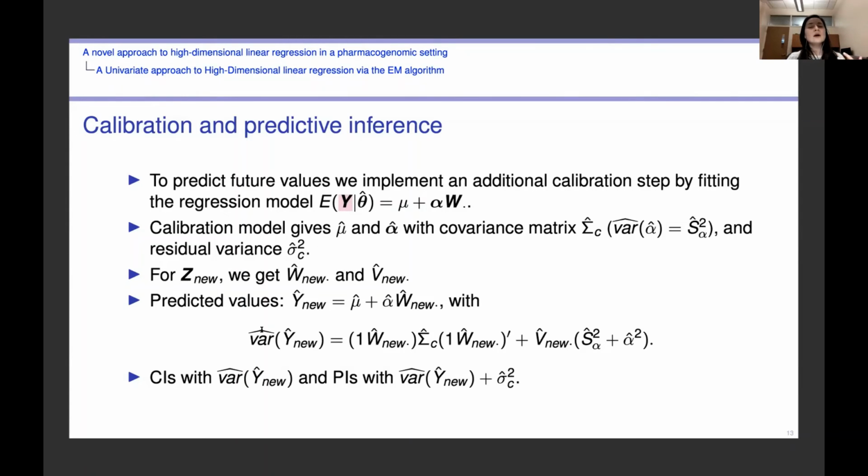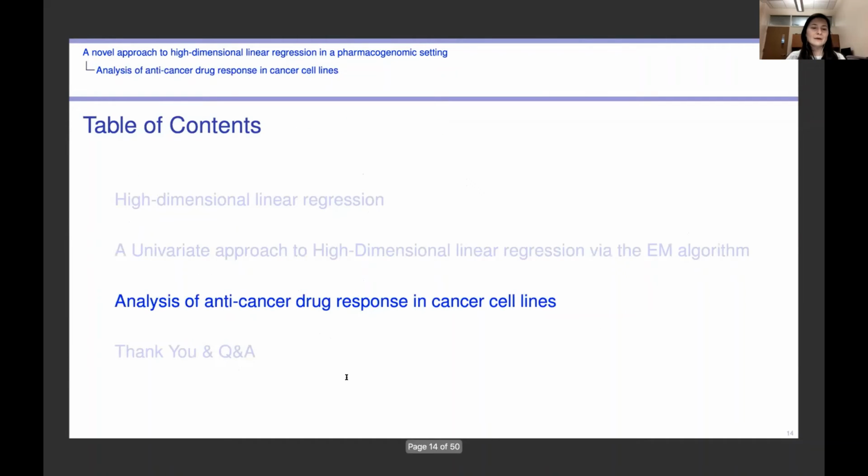Using those, we get something really important, which is the variance around a new prediction. Using that variance, we can write confidence intervals for a prediction, and using that variance plus the model residual variance, we can write prediction intervals for a new value.